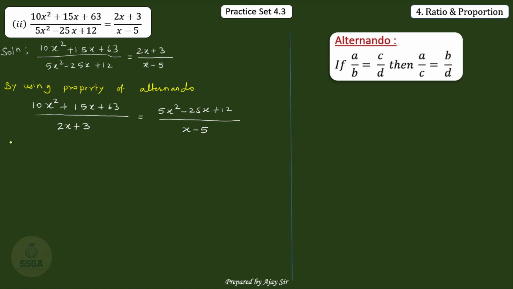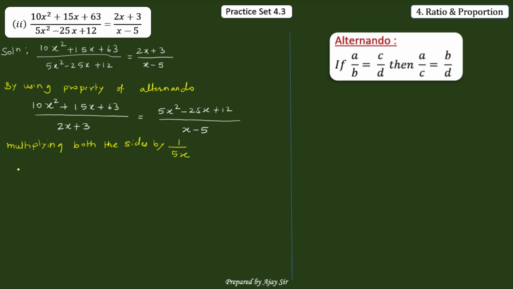So let us write down: multiplying both the sides by 1/(5x).